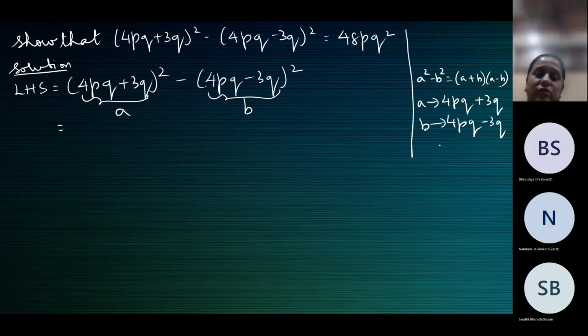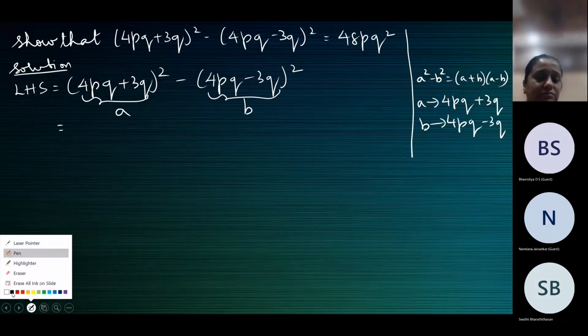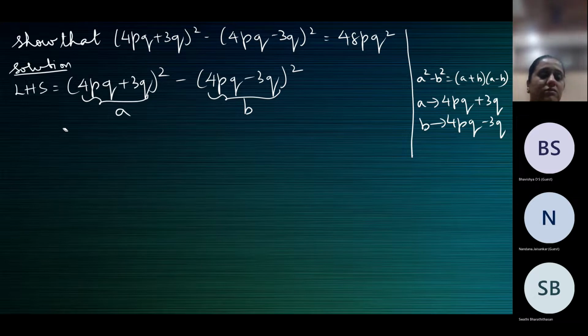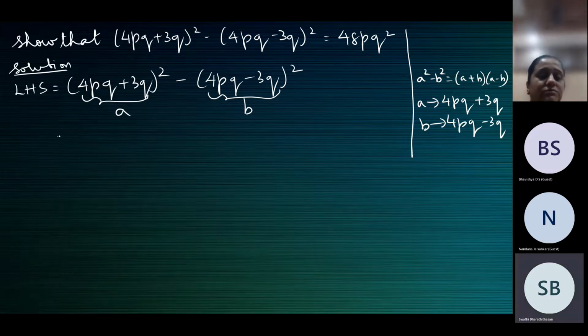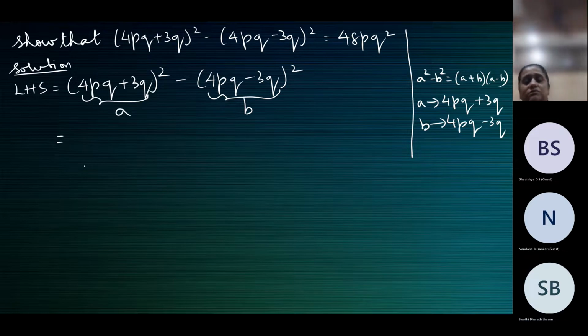Is this clear to all of you? A and B, the expressions for A and B? Yes, ma'am. Swati and Nandana? Yes, ma'am. All right. So now tell me, children, what is A square minus B square? A plus B. What is A plus B? See here.